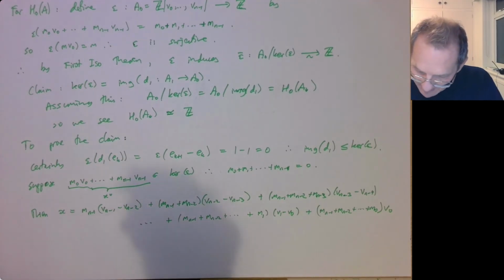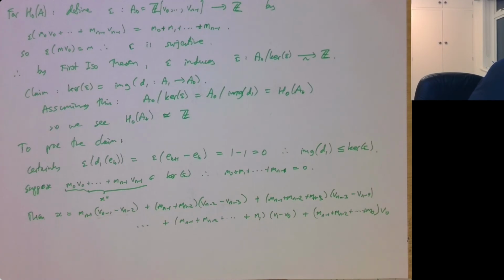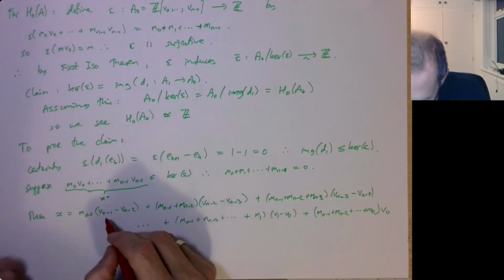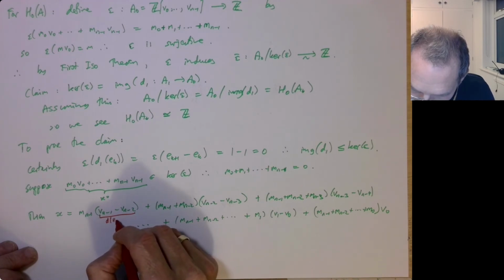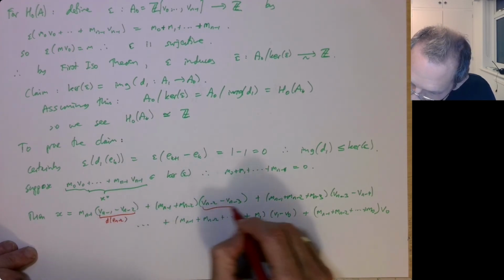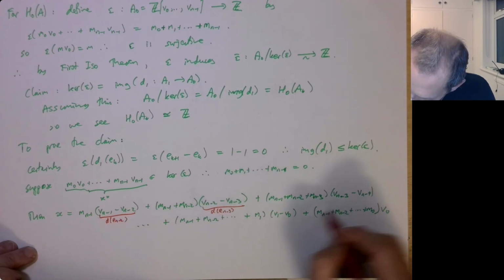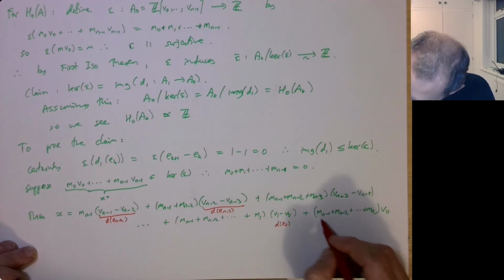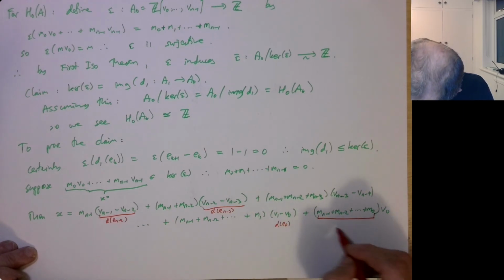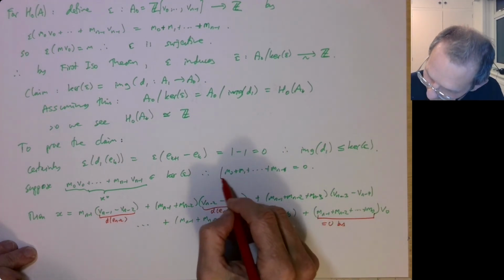Notice here, this is d of en minus 2, d of en minus 3, etc. This is d of e0, whereas this coefficient is equal to 0 by assumption. That was our assumption here.